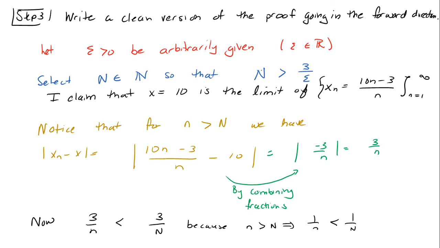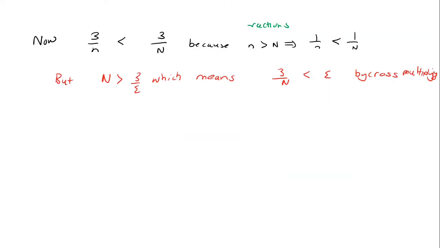Now 3 over n is less than 3 over capital N because my little n was supposed to be bigger than my capital N. And if little n is bigger than capital N, then 1 over n is less than 1 over capital N. Flipping fractions makes the inequality turn around. Where did I get that little n is bigger than capital N? Well, I said that: let little n be bigger than capital N. So that's where I get that. So I'm using that inequality.